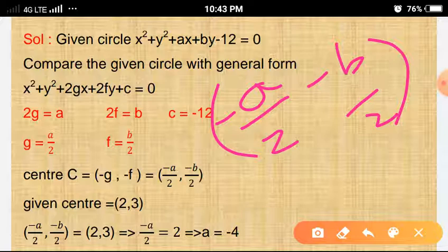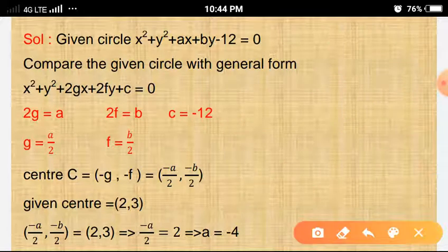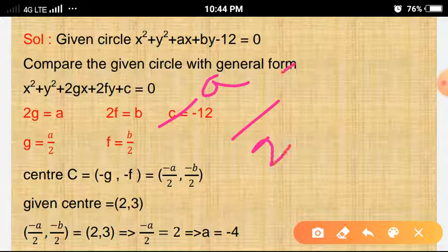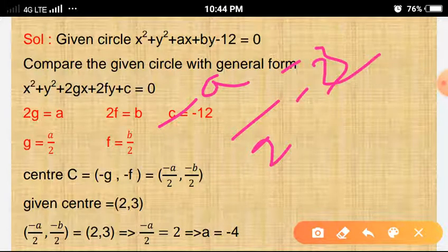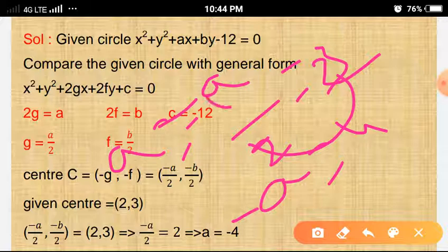Already we have been given that the center is (2, 3), so we equate this: (minus a by 2, minus b by 2) equal to (2, 3). By comparing these two, we get minus a by 2 is equal to 2, then minus a is equal to 2 into 2, 4, minus a is equal to 4, then a is equal to minus 4.